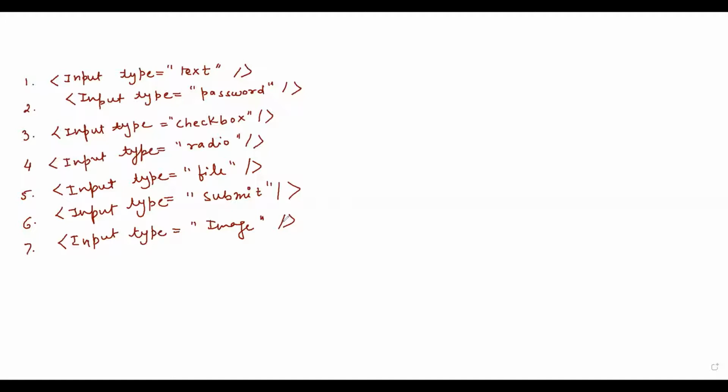So this will also submit the form when selected, and the image tag requires the source attribute to specify an associated image. Another few of the input types are button.